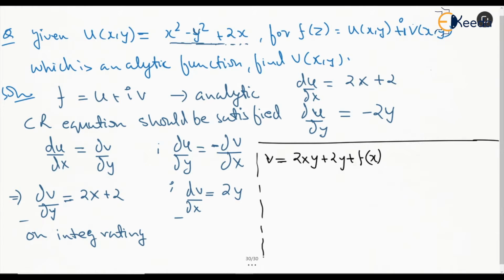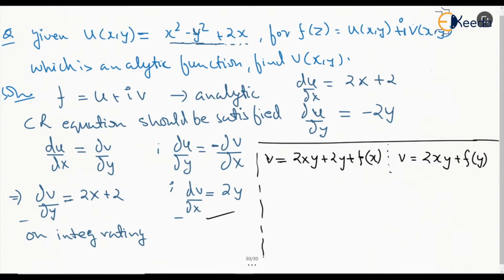Also the other one, which is integration of 2y with respect to x, will give v is equal to 2xy plus, now that we are integrating with respect to x, there should be a function of y. Of course we can write plus c as a constant on both the sides.